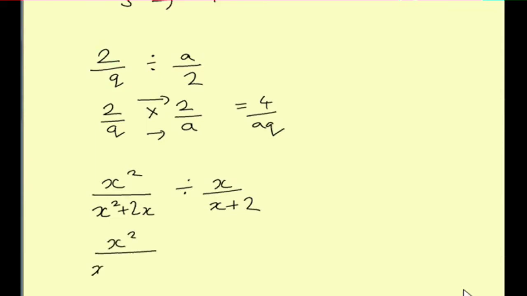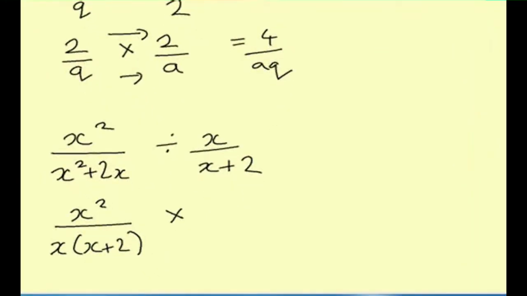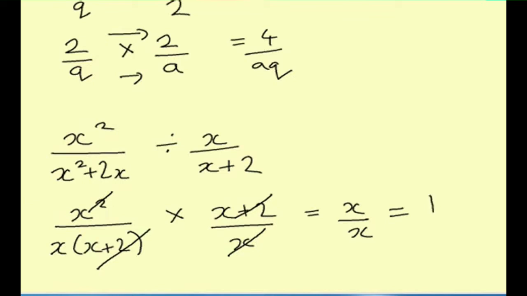So we get x brackets x plus 2, and we turn the division into a multiplication. We invert the second fraction. We can cross cancel, and we can cancel that factor with that over there, so we're left with x over x, which simplifies to 1.